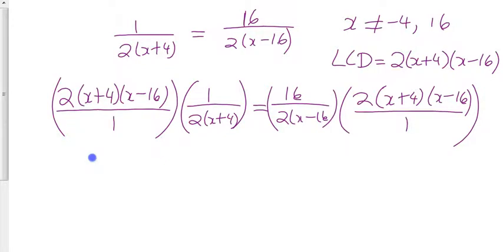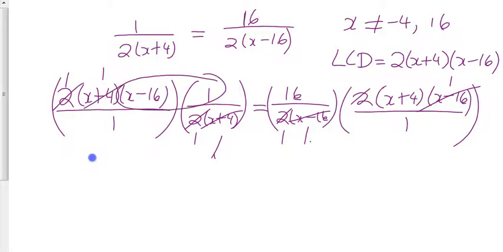I'm going to cancel. The 2's cancel. The x plus 4's cancel. The 2's cancel. The x minus 16's cancel. In my denominator I have 1, 1, 1, 1, 1, 1. And up top I have 1 times x minus 16 and 16 times x plus 4.